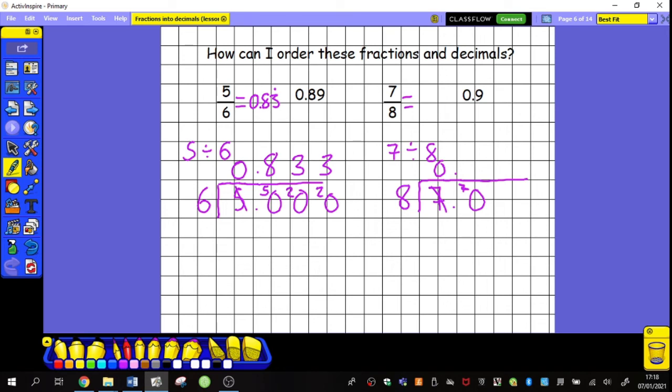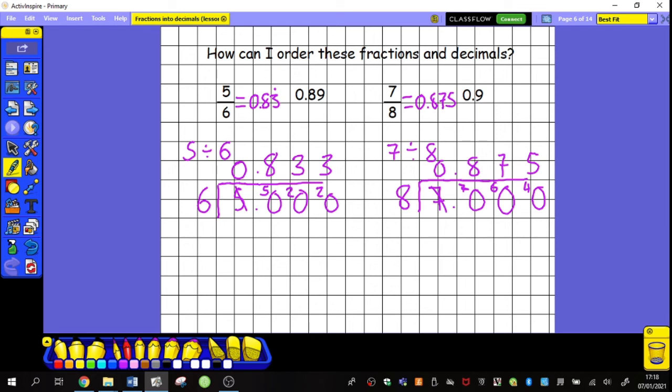Well, 8 times 8 is 64, so it must be 8, and that would give me 6 remainder. Need to add my 0. So now how many 8s go into 60? Well, that would be 7, and I know that I'm going to have 4 remainder. Now a nice and easy one, how many 8s go into 40? 5. So 7/8 must be the same as 0.875.